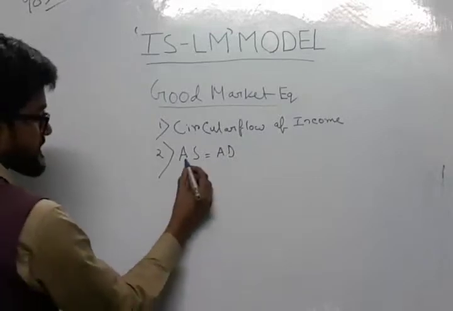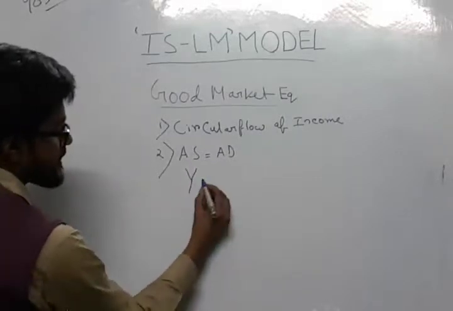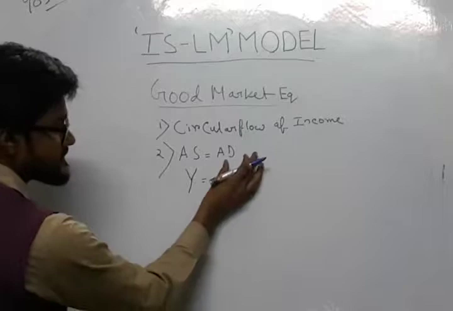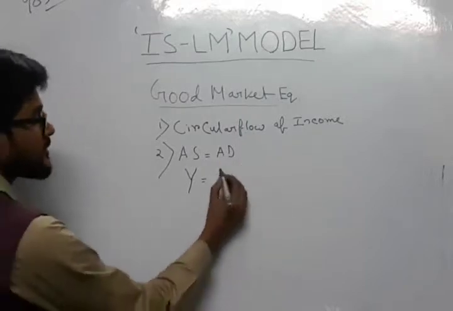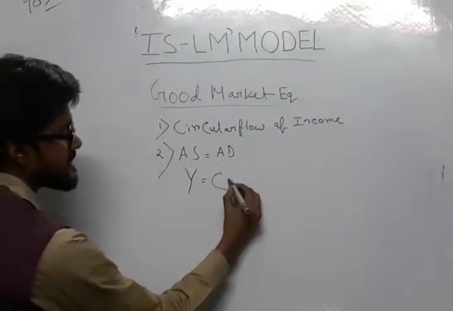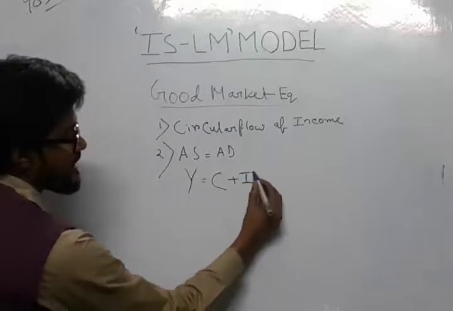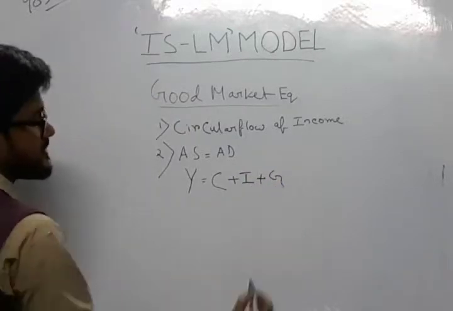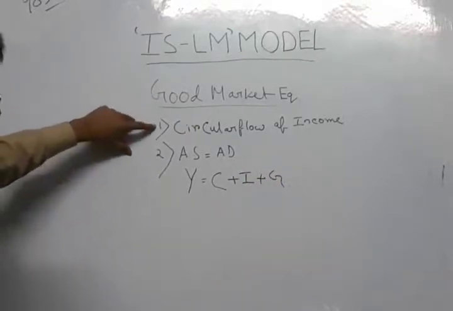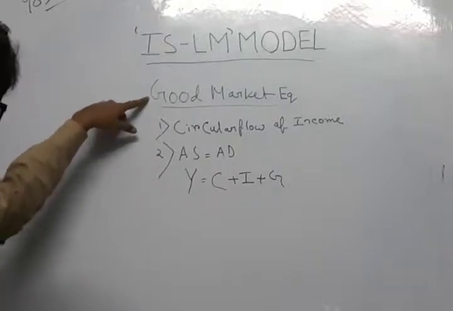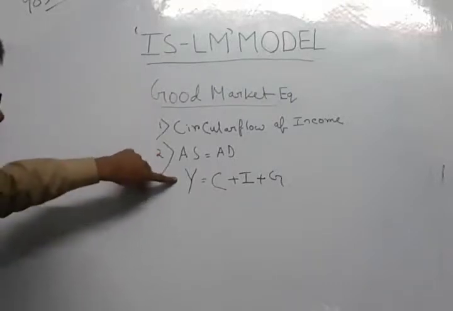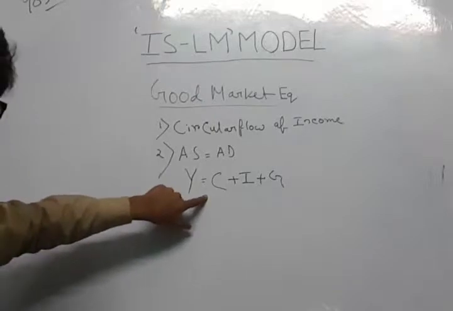We can say aggregate supply is Y and aggregate demand, which is the expenditure part, could be written as C plus I plus G. So this is one way to find the goods market equilibrium. This is another way to find the goods market equilibrium.